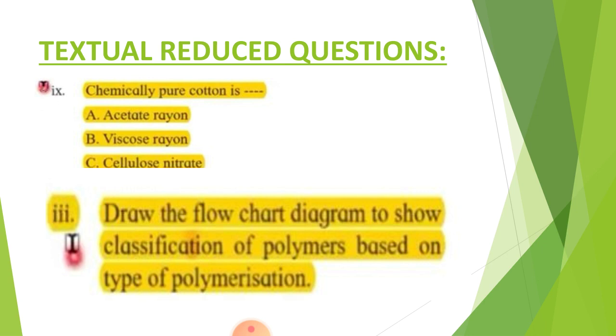In that 10 MCQs are there. From that, the 9th one has been cancelled. I have written over here, chemically pure cotton is. That one is cancelled. Four options are there. That one is cancelled.